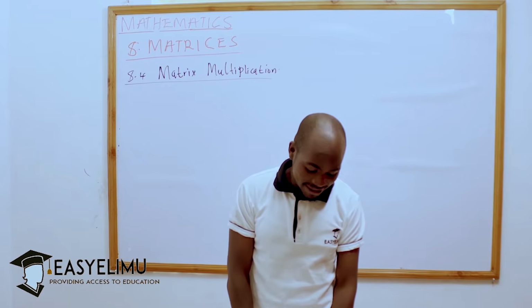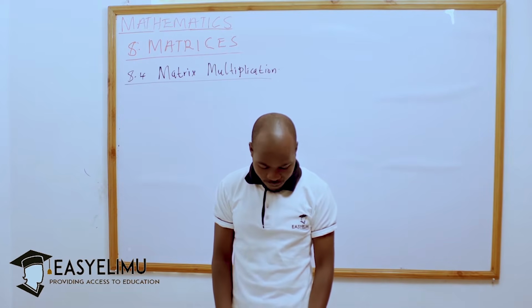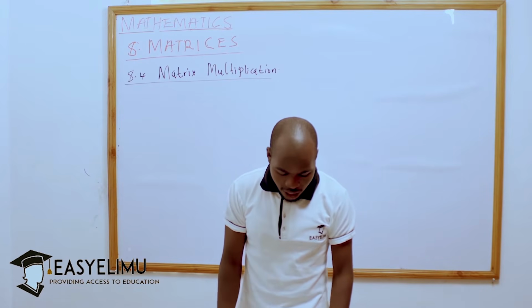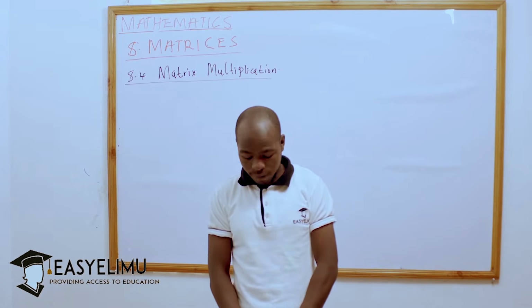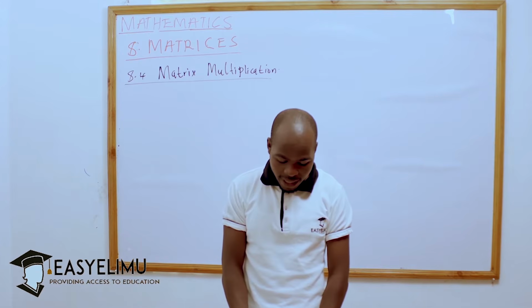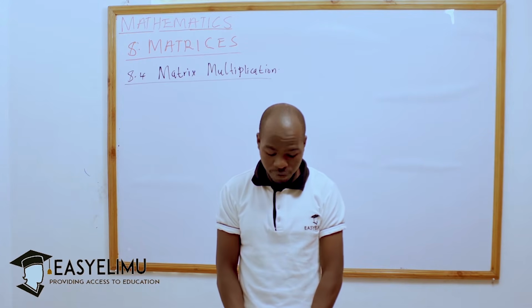Now let's consider another example here. We are having example 2, and it reads: a kiosk owner wanted to buy 1 debe of potatoes, 3 bunches of bananas, and 2 baskets of onions.